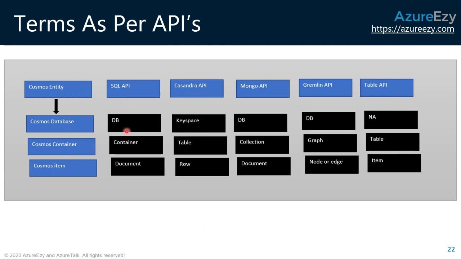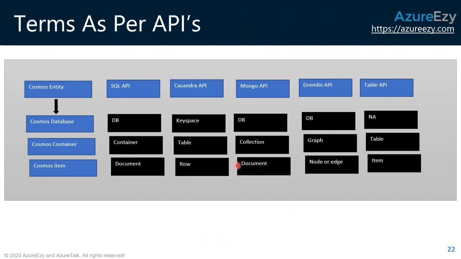But if we talk about container, for SQL, it is container, no change. But for Cassandra, it's table. For Mongo, it's collection. For Gremlin, it's graph. For table, it's table. And similarly, for item, if we're talking about SQL, it's document because it's JSON documents. For Cassandra, it's row because it was table in the container. You see how you can relate it.